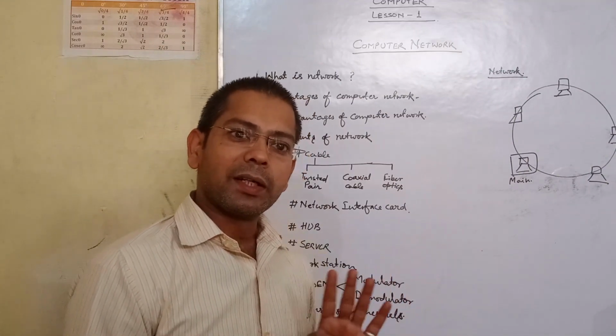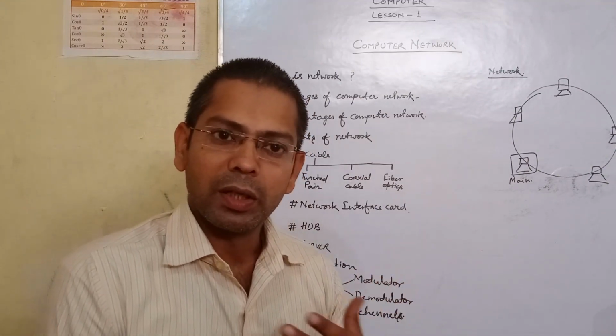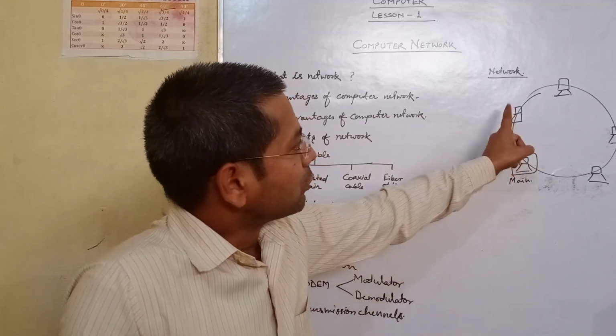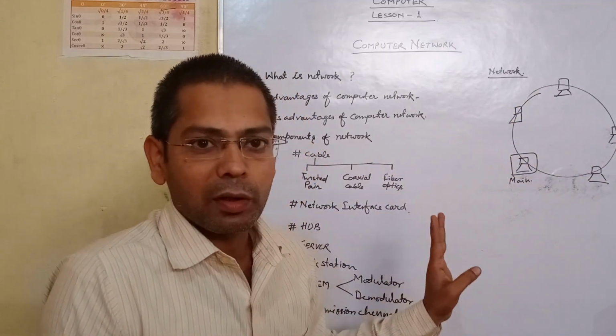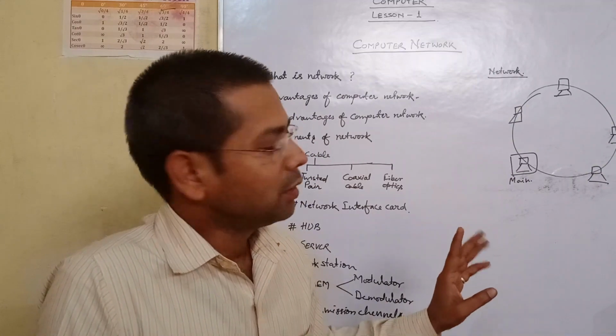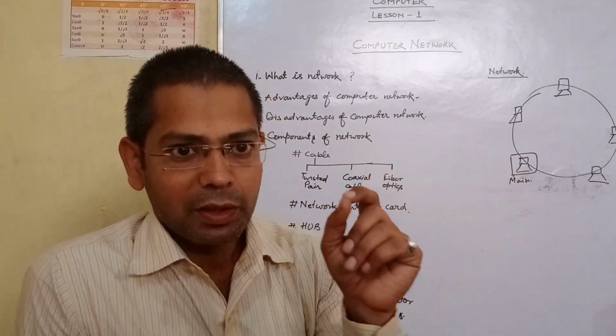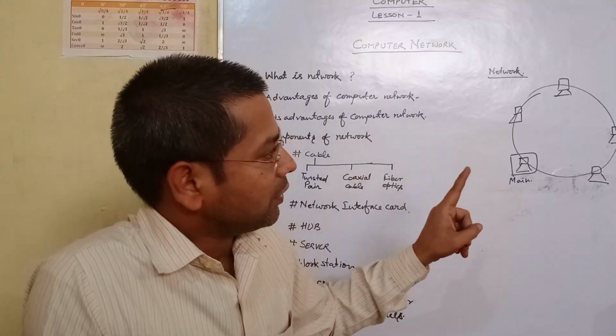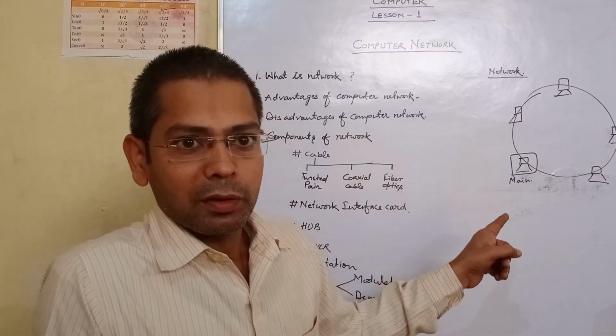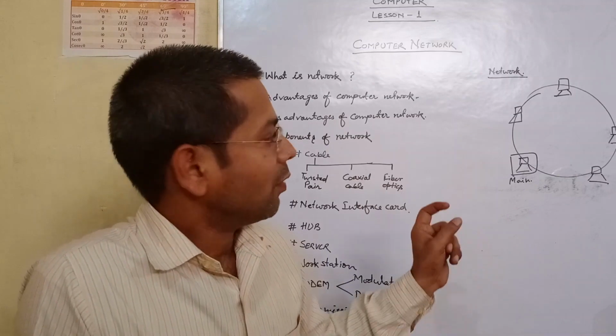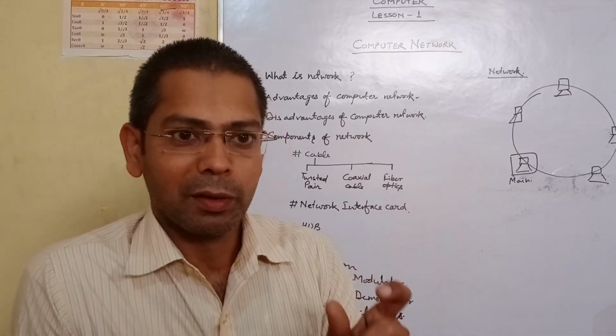Computers are interconnected to each other to share information. Suppose 1, 2, 3, 4, 5 computers are interconnected to share the information. One thing is important here: out of these computers which are the components of the network, one has to be the master computer.